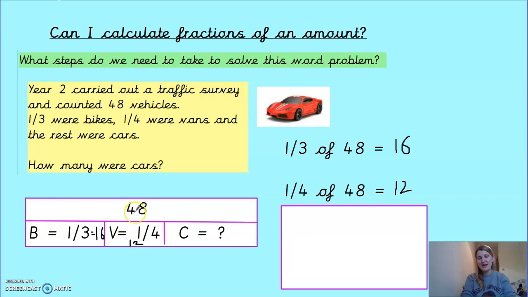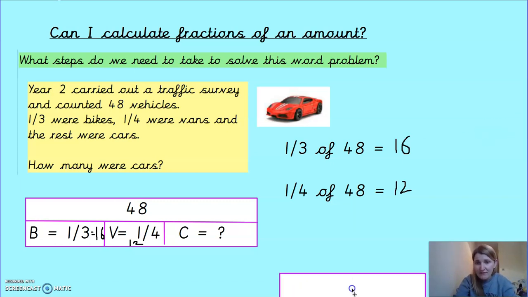I know that 48 equals 16, add 12, add something. Well, I can use my inverse to work that out, can't I? So if I add 16 and 12 together to get my bikes and vans, I'm going to get 28.